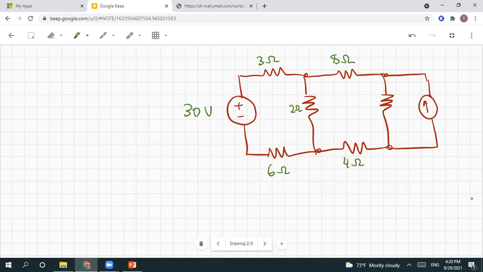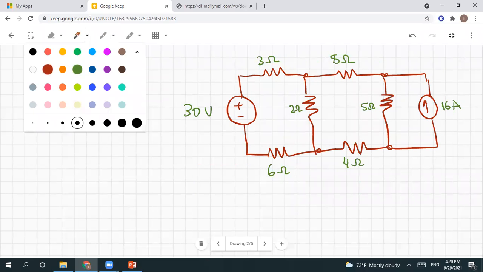And here we have 5 ohms. The current source is 16 amps. And I think that's all. Okay, so this is the circuit.